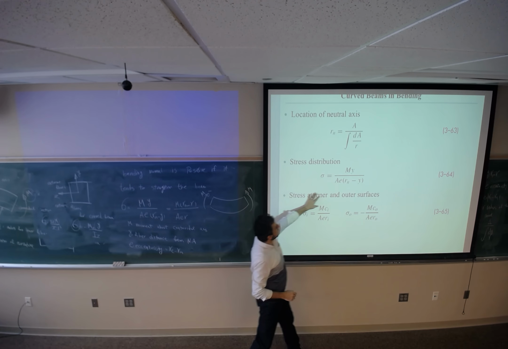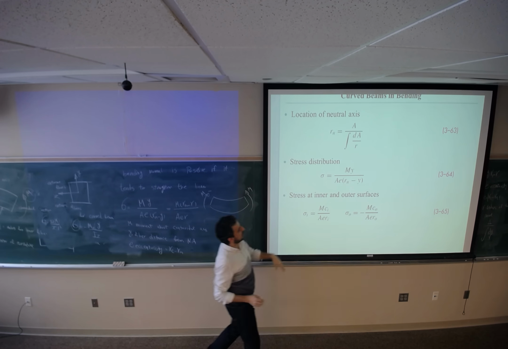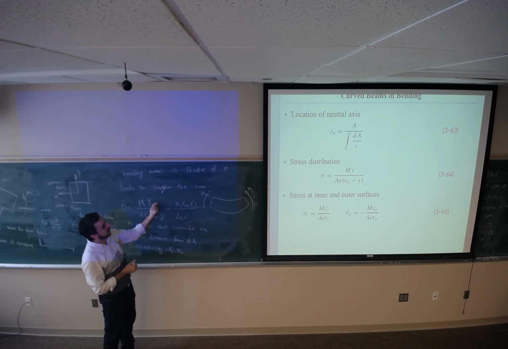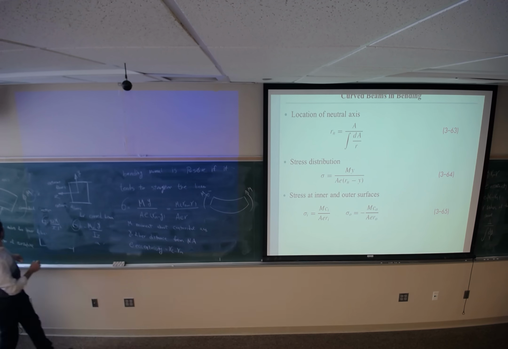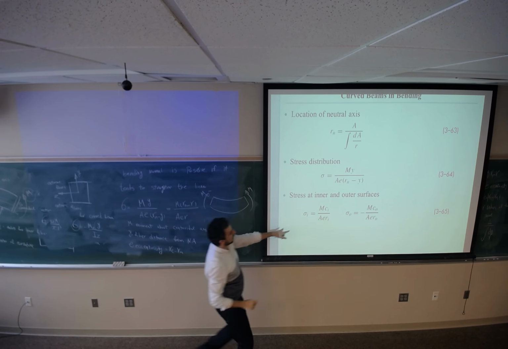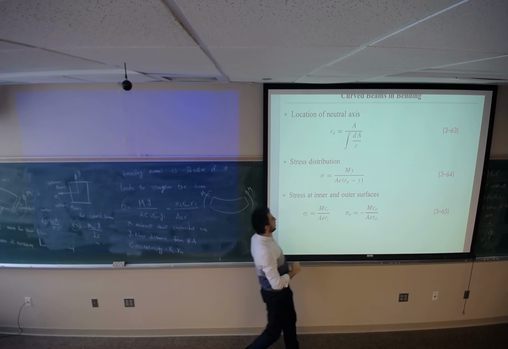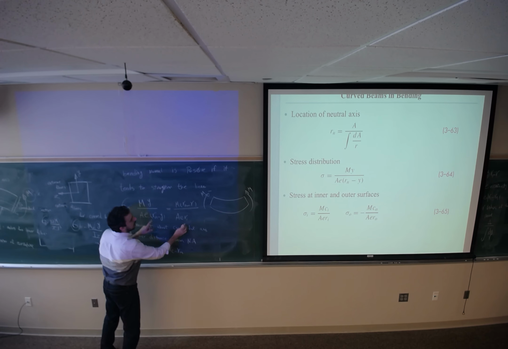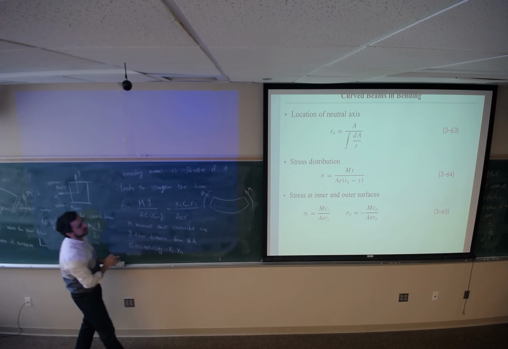Stress at the inner and outer surface. The only thing you need to do is plug in y as ci for the inner, and for the outer as co. So it's M ci divided by A e Ri, since Rn minus y is R. It's Ri for the inner, and for the outer it's going to be Ro.